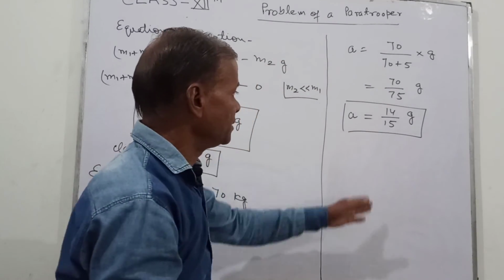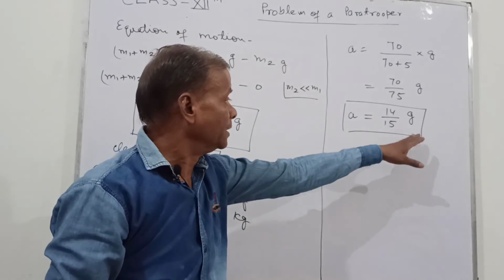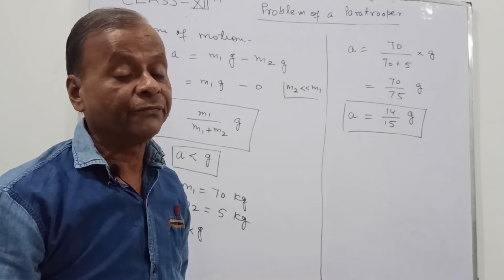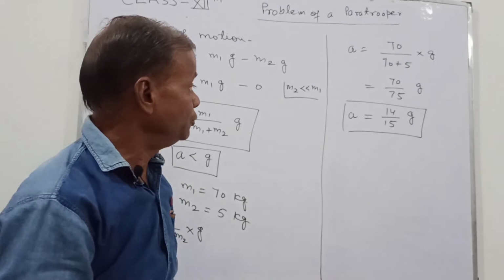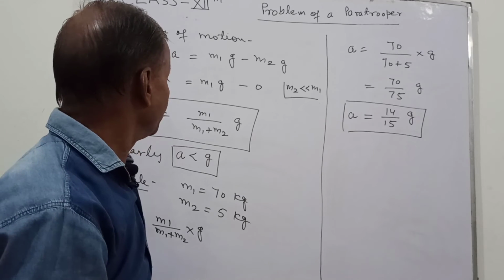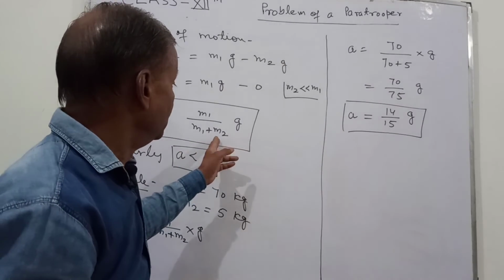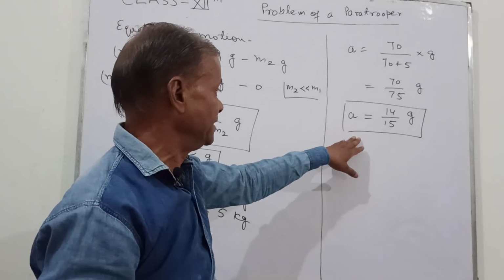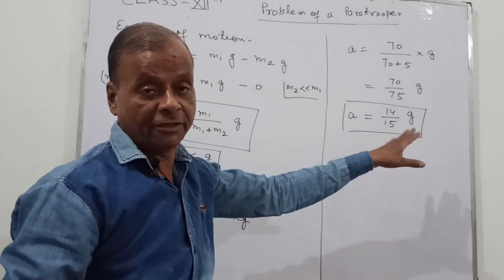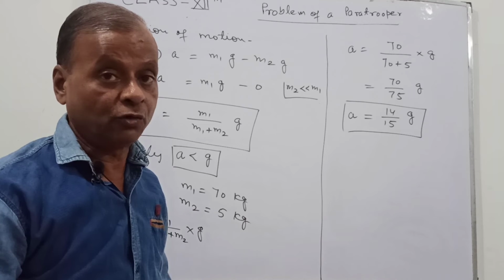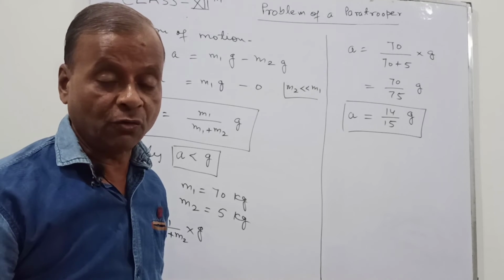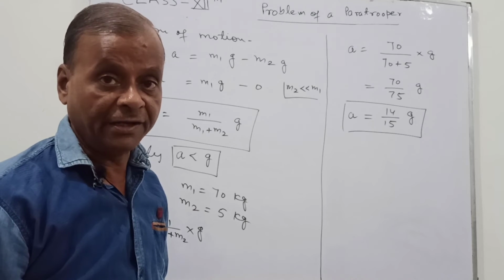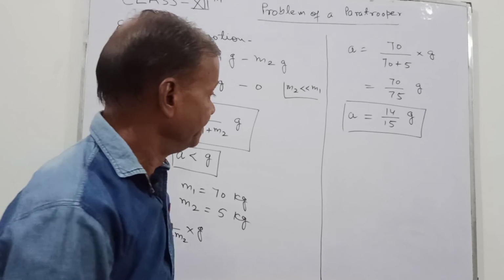So the value of acceleration will be this fraction of the gravitational acceleration. It means that he will not fall freely. If m2 is very large, then a would be much less than g. If the parachute does not open, then it will fall freely under gravity.